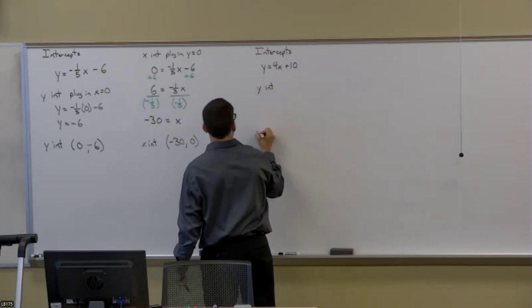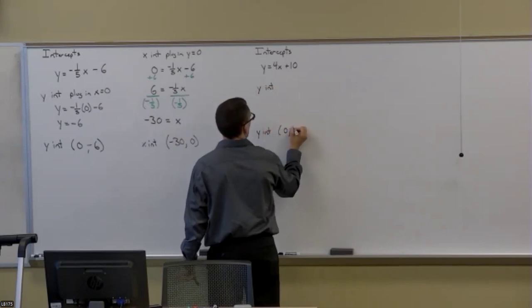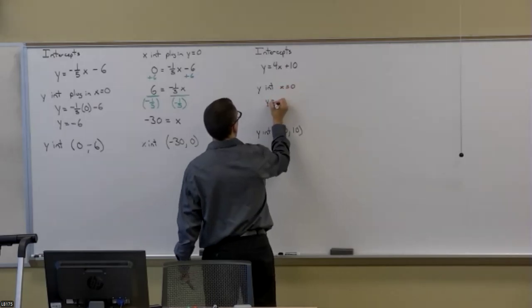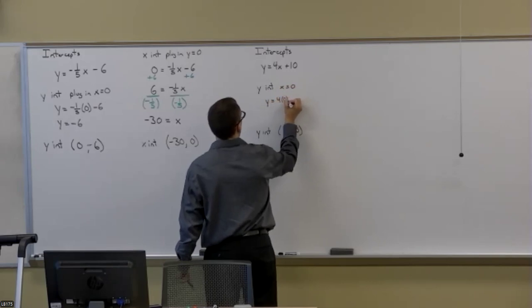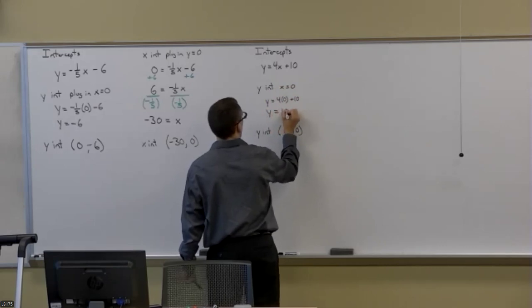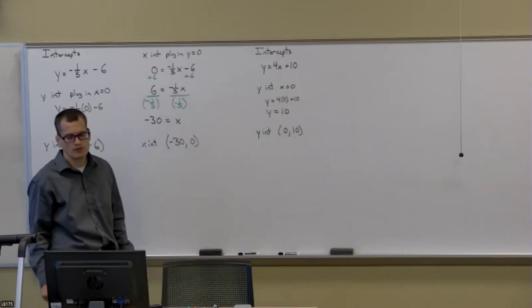The y-intercept is the point 0, 10. I knew that was going to be true because this is in slope-intercept form already.